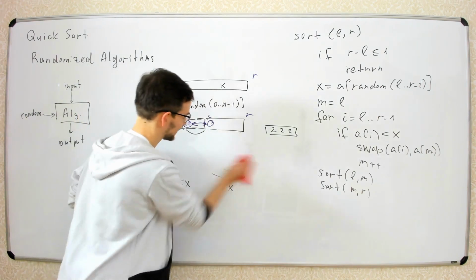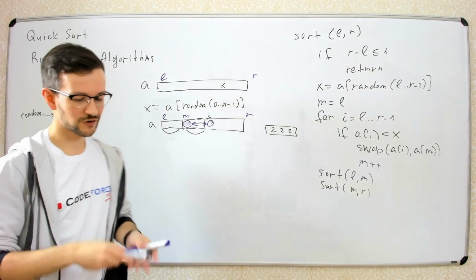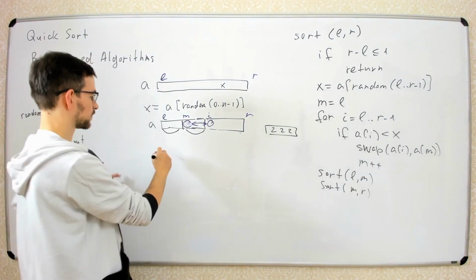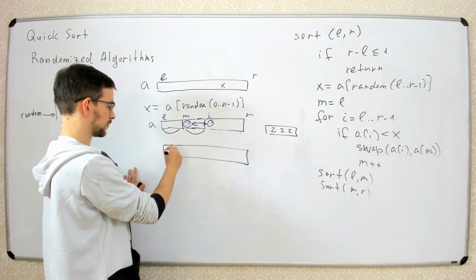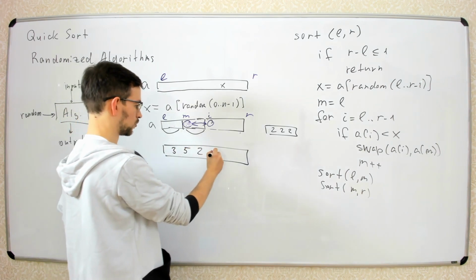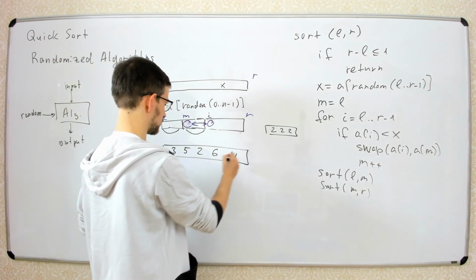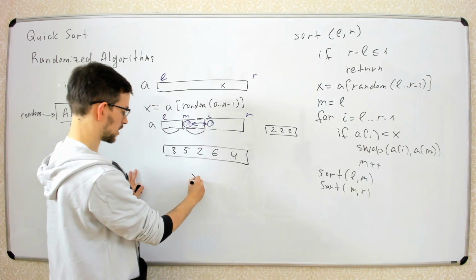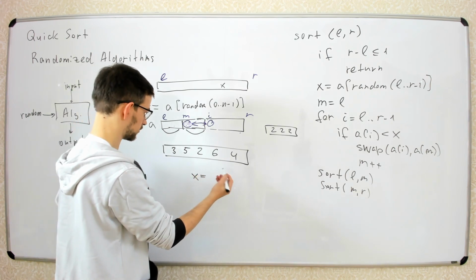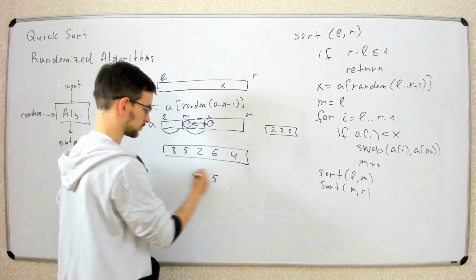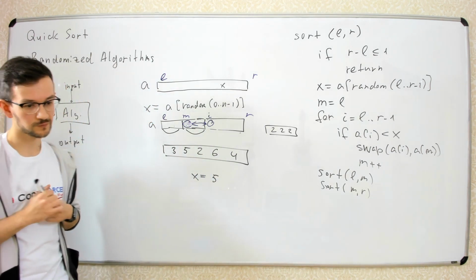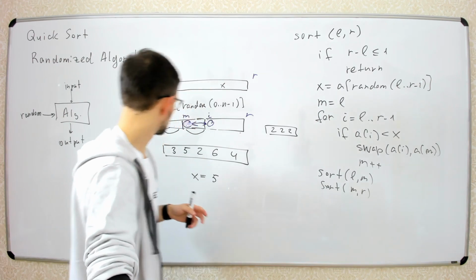So let's have some array. Let's say 3, 5, 2, 6, 4, and let's say x equals, I don't know, 5. So what happens?